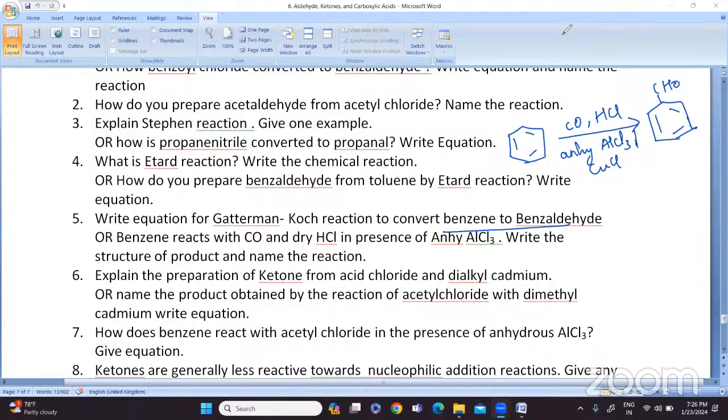So this is the Gattermann-Koch reaction.